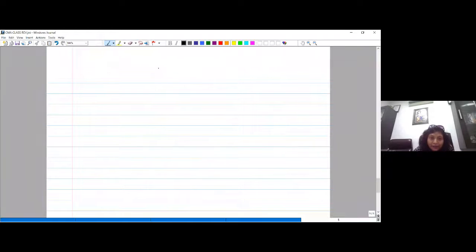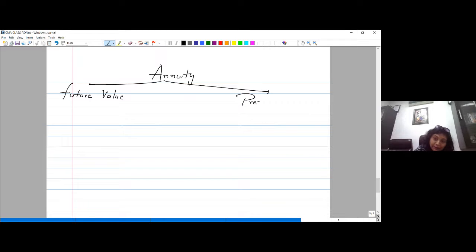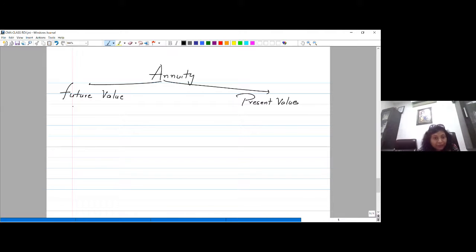In case of annuity, we have two concepts: either we find the future value of an annuity, or the present value of an annuity. Either you will get future value or you will get present value.